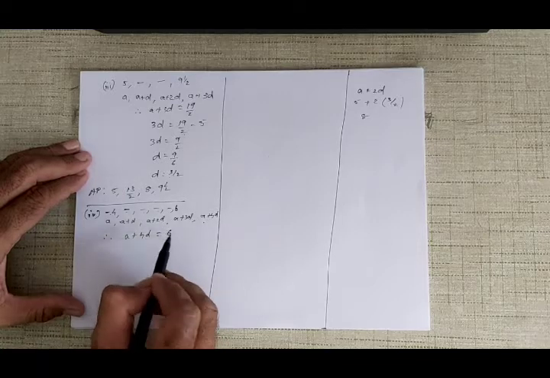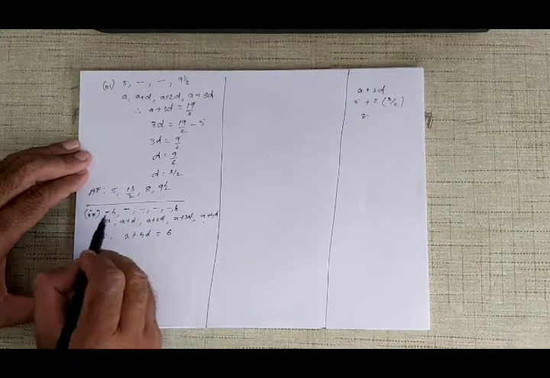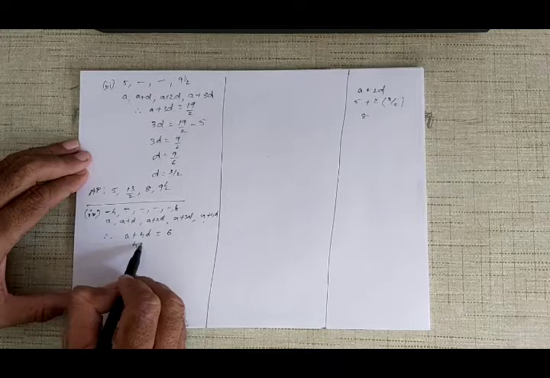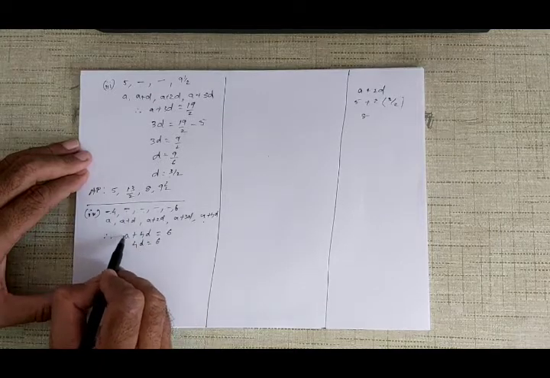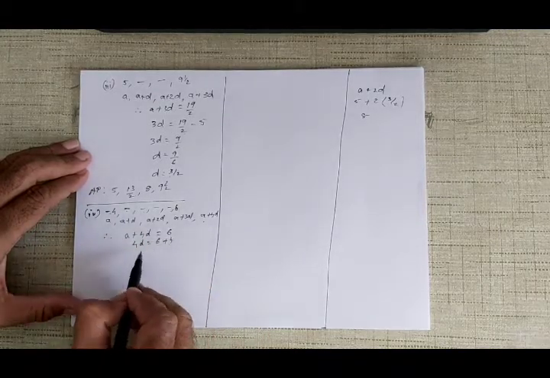Therefore A is minus 4, so 4D is equal to 6; minus 4 becomes plus 4 on this side, and it becomes 10.